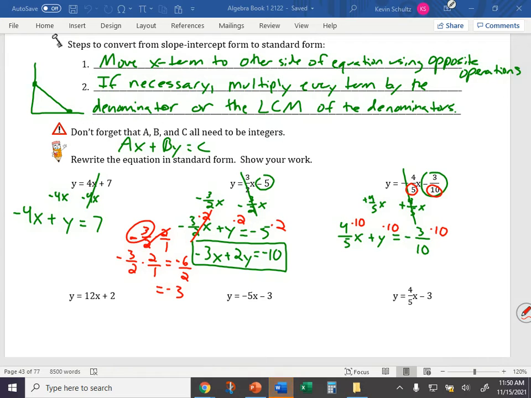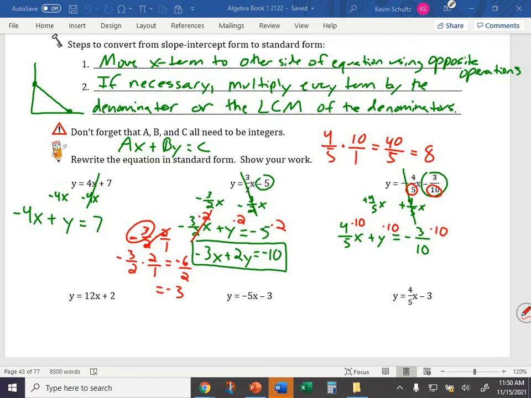Let me take this 4/5 times 10. If you multiply that straight across, 4 times 10 equals 40, 5 times 1 equals 5. What's 40 divided by 5? An integer, right? 8. Yay! You can also think about it mentally: what's 4/5 of 10?